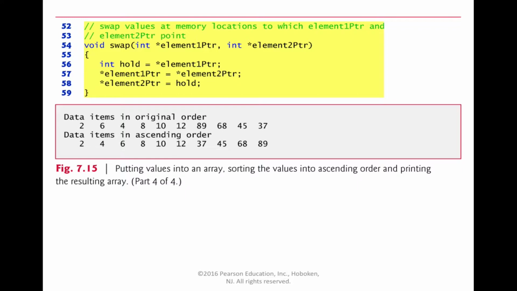We're then going to dereference the element2Ptr, and in that location, we are going to store the value of hold. So essentially we have done our swap, but this time we have done it with pointers rather than actual array elements. And this is actually a good idea because, again, our function should only be doing one thing.